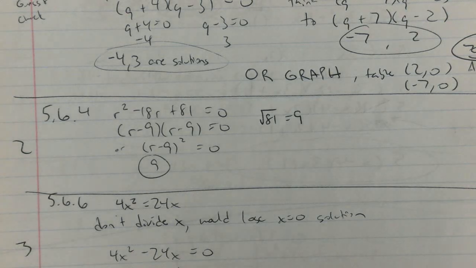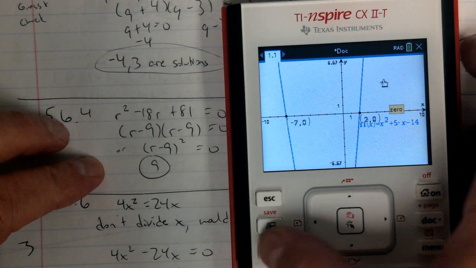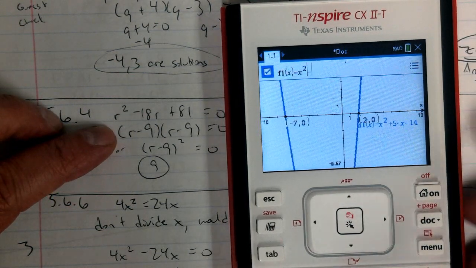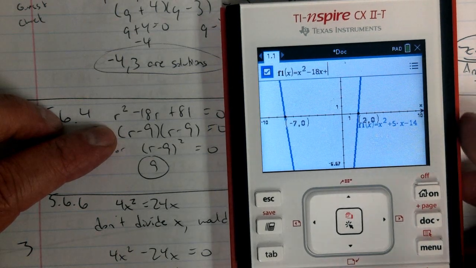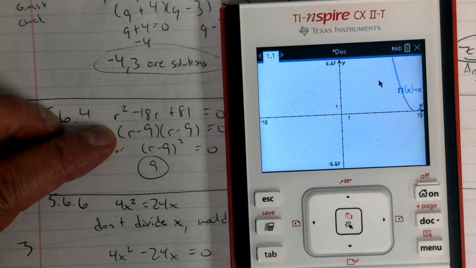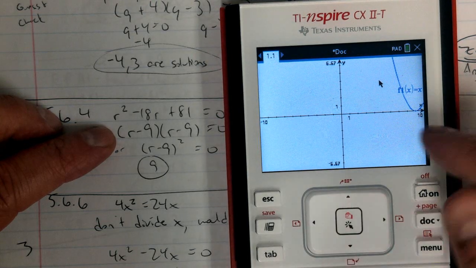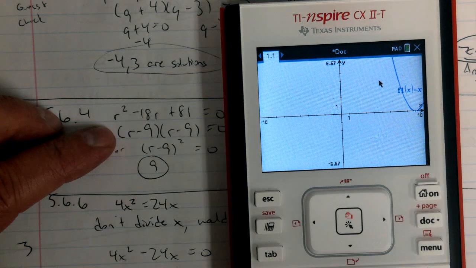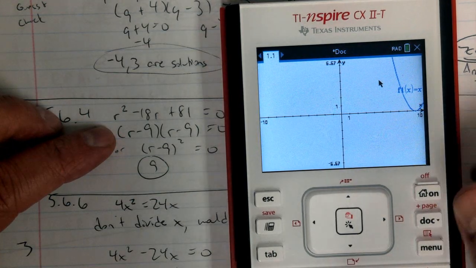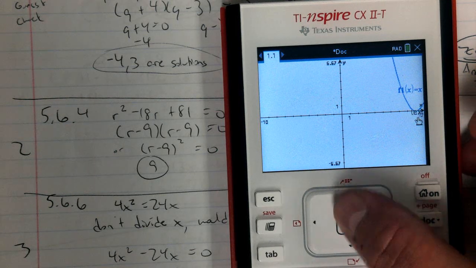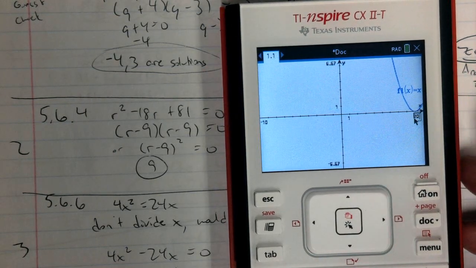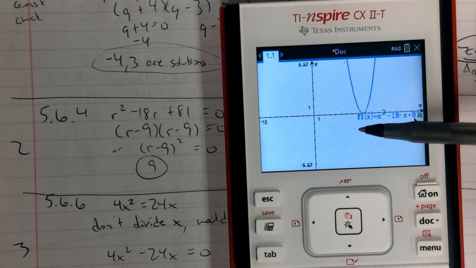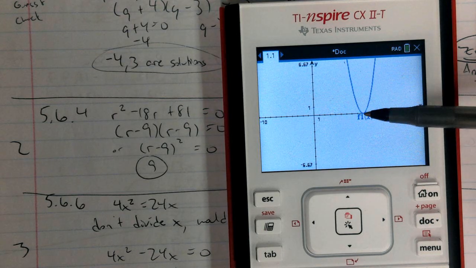Now, what this graph would look like is if you have x squared minus 18x plus 81, this would be a graph where it touches or bounces on the x-intercept, on the x-axis. So let me just change this to 20, and it's not below the x-axis, it just sits on it.